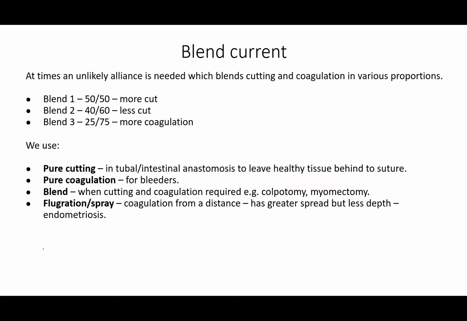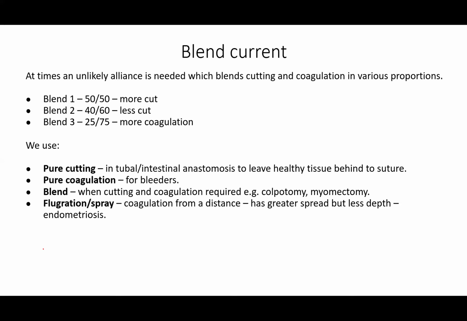Now, we talked about cutting and coagulation. What is blending? Now, this blending is a combination of both cutting and coagulation at various degrees. If you see some diathermy machines, it will be written blend 1, blend 2, and blend 3. They all have meaning. When you see blend 1, it has 50-50, okay, but more of cutting.